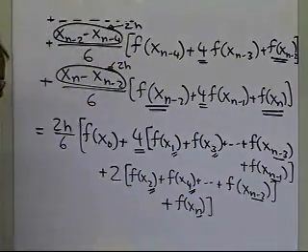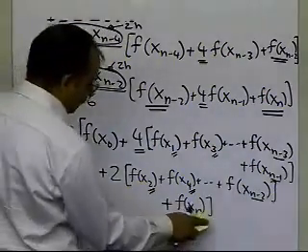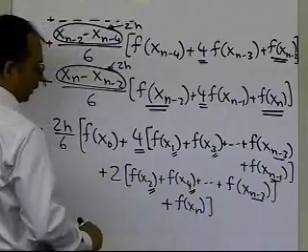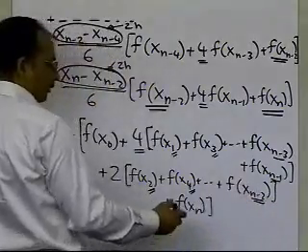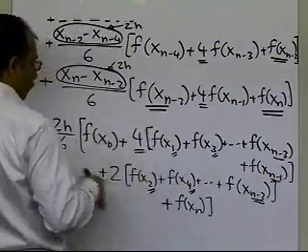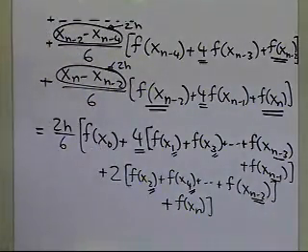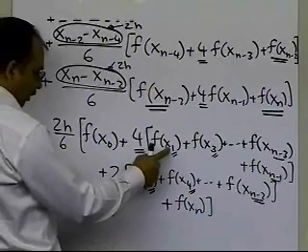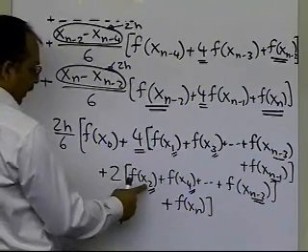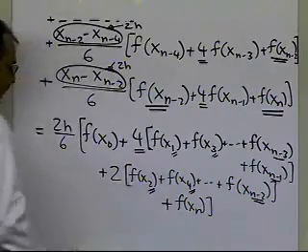Let's forget about this f of xn, that's not to be included in this discussion. So what we are adding together are the terms with odd subscripts, and then we're going to add here the even subscripts.